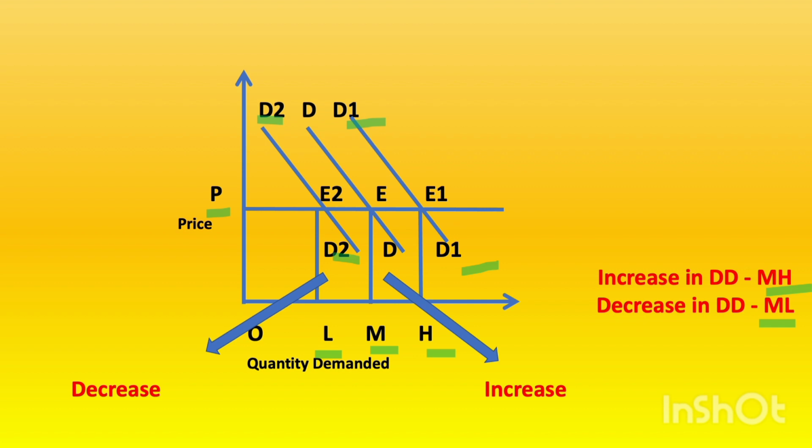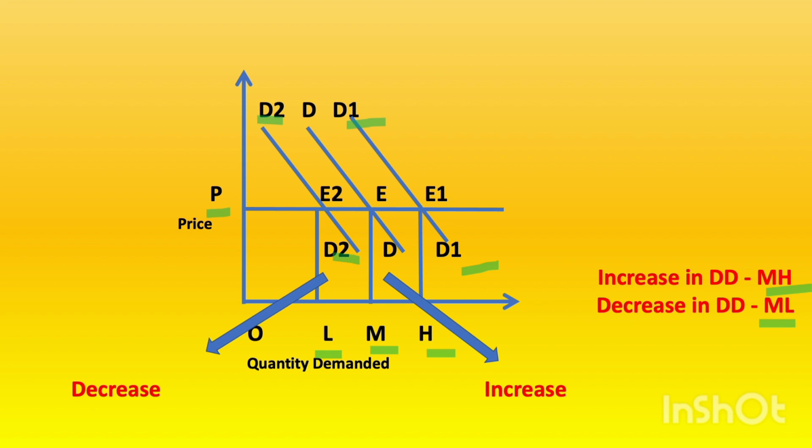Here you have to remember one concept, that is, price remains constant, and because of changes in other factors, if the demand is increasing, you tell it as an increase, and if the demand is decreasing, you tell it as a decrease. Okay, I hope you all could understand the concept of changes in demand.